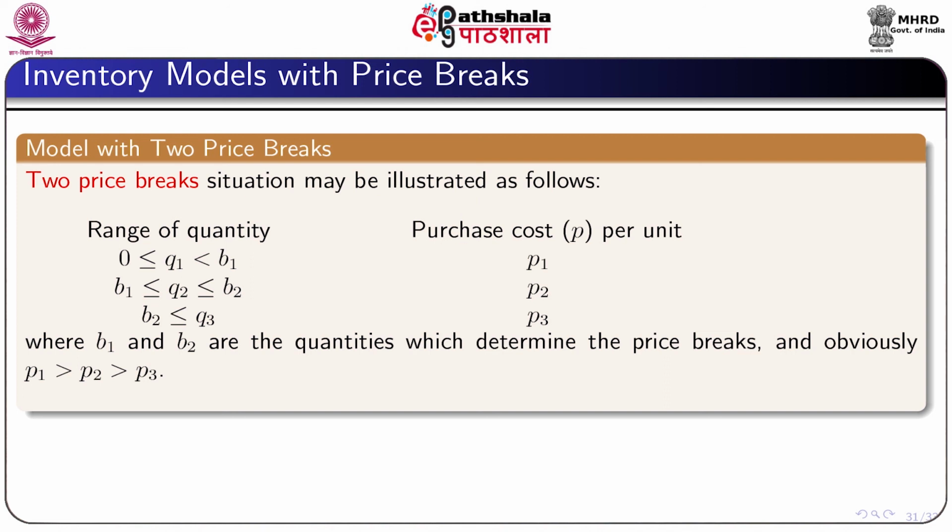And when Q3 ≥ B2, the purchase cost is P3. Here B1 and B2 are the quantities which determine the price breaks, and obviously we have P1 greater than P2 greater than P3, that is P3 is the minimum purchase cost per unit.